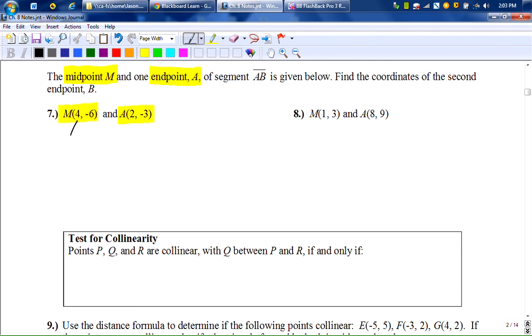So I'm going to take these sort of as my answers after I do the midpoint formula on a more traditional problem like the one previously. And I'm going to set it equal to this x value plus the missing x value divided by 2.